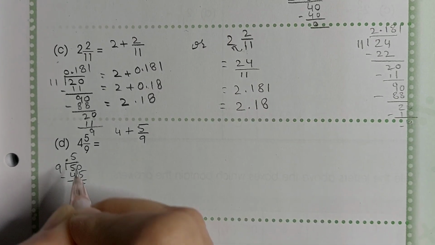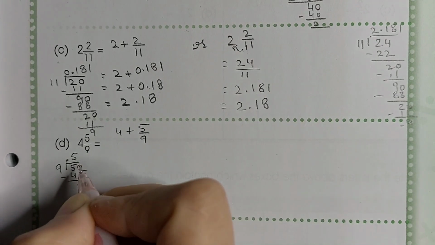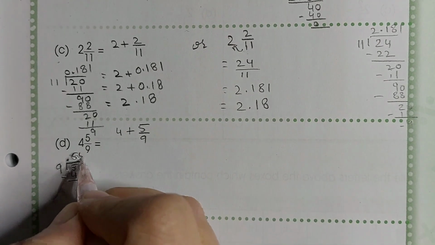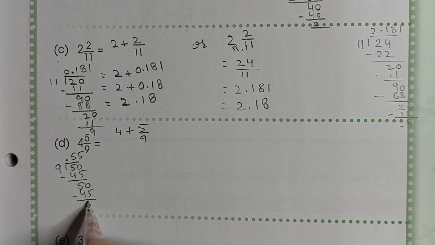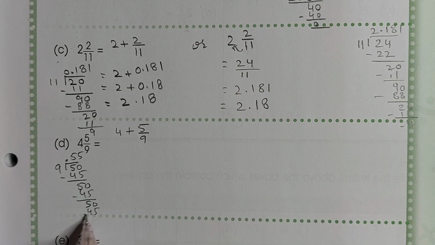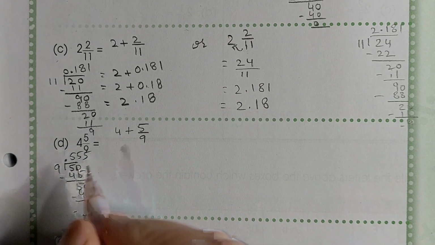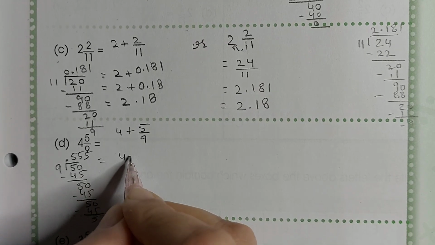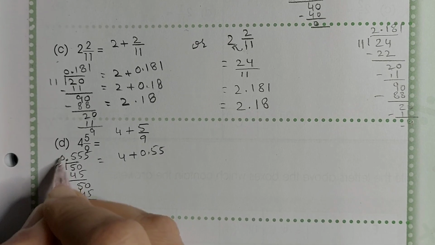Subtract, 5. Again smaller, we will add 0. Again 5s are 45. Subtraction, again 5, 0, 45, 5. But we will stop here because we will get up to 3 decimal figures. It will become 4 plus 0.555.